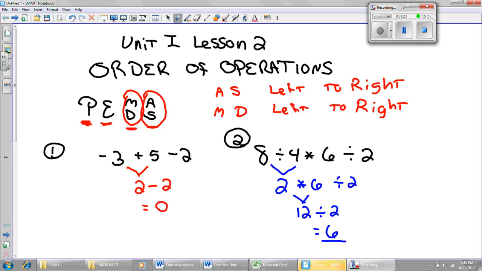Notice if I did the multiplication first, I'm going to get 24. 8 divided by 24, 8 over 24, is going to equal 1/3. 1/3 divided by 2 becomes an ugly problem. It's the same as 1/3 times 1/2, and I end up with 1/6 as my answer. That is not correct. It's all multiplication and division, so I go left to right.